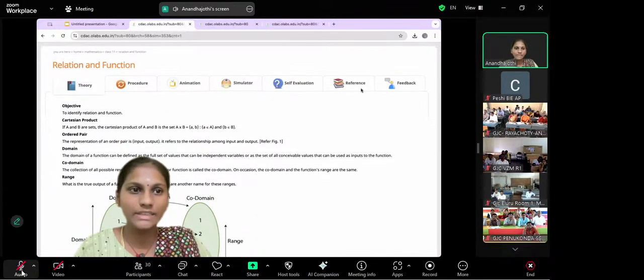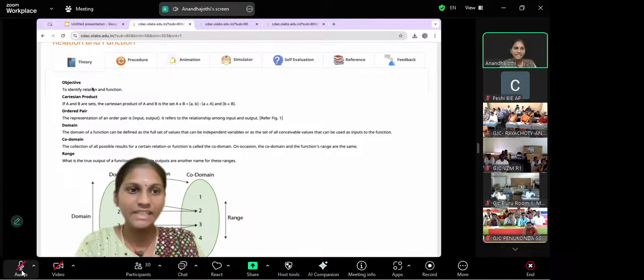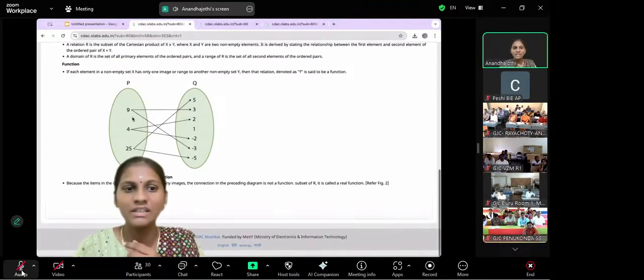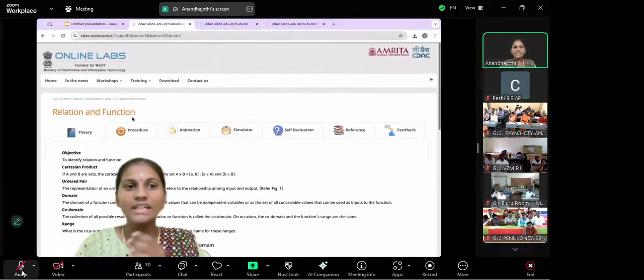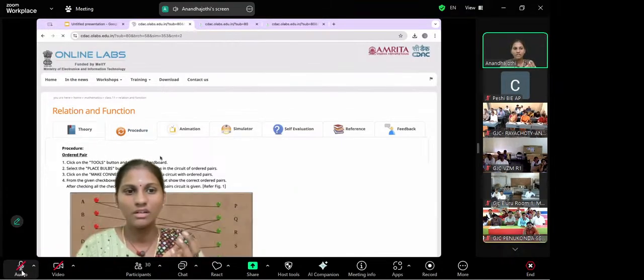When I get into this link, first it will be the theory section: what is Cartesian product, what is ordered pair, what is domain, what is codomain, what is range, what is relation, what is a function. These are all in the theory part, and the second part is procedure.